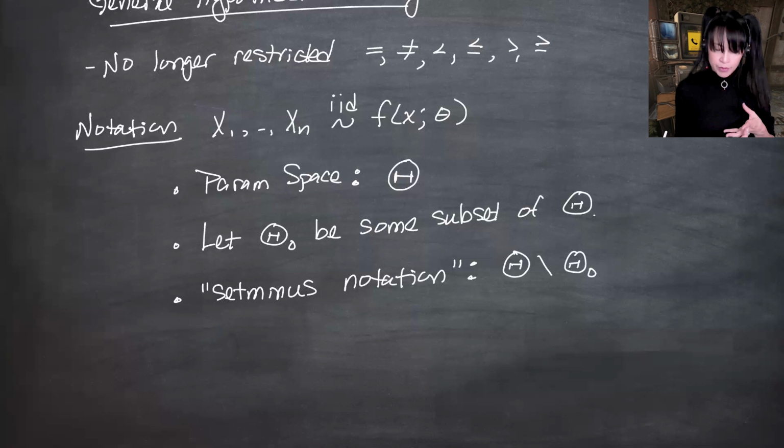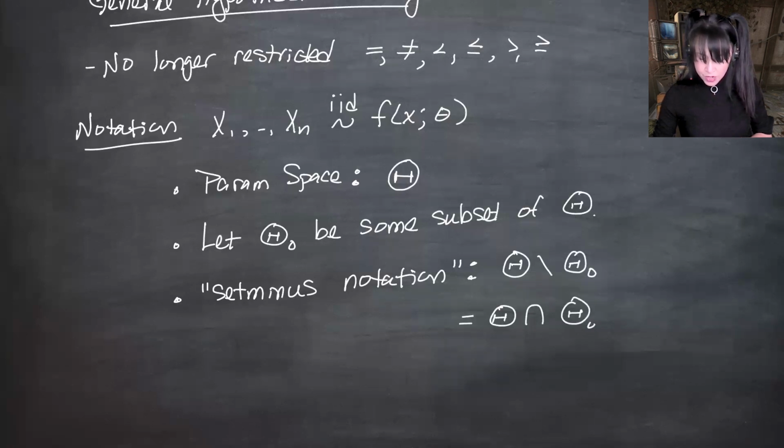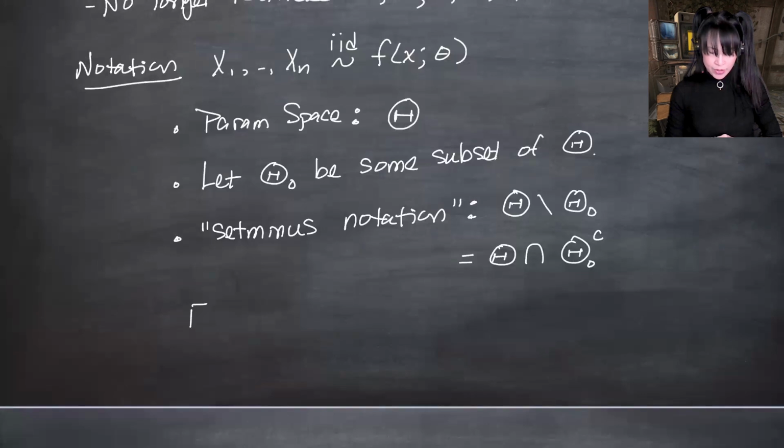But if we just write complement, you might screw something up because it's the complement with respect to theta. So this is defined actually as theta intersected with theta naught complement.